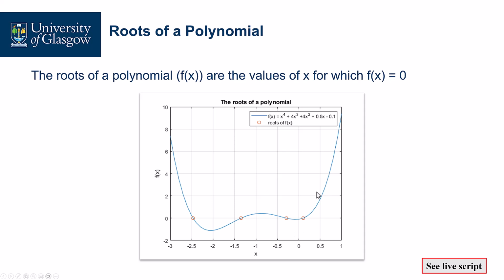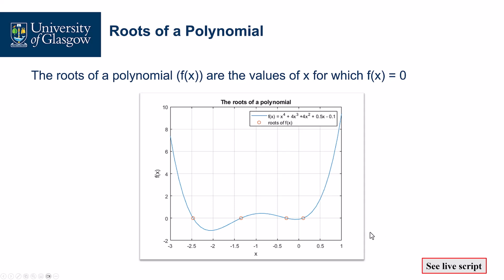The roots of a polynomial are those where, if we consider the polynomial to be f(x), the root is the value of x where f(x) is 0. So we can see the red dots. From -3 to +1, this polynomial has four roots. In them, the value is 0.